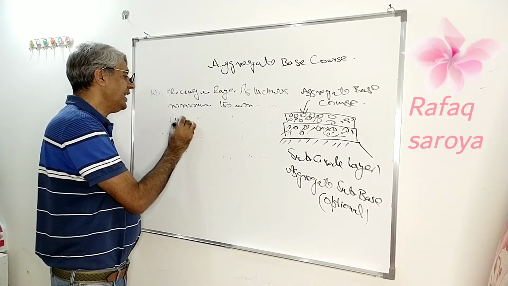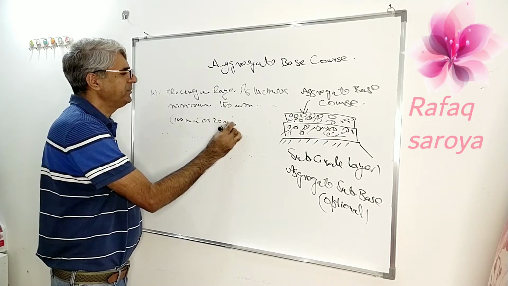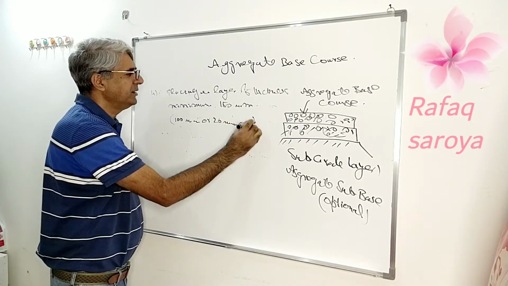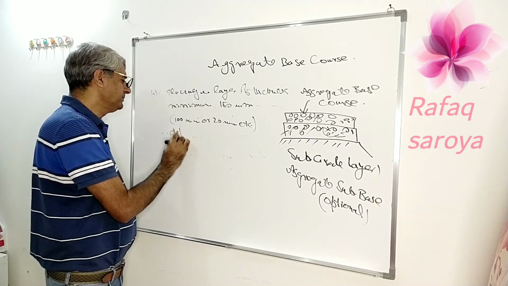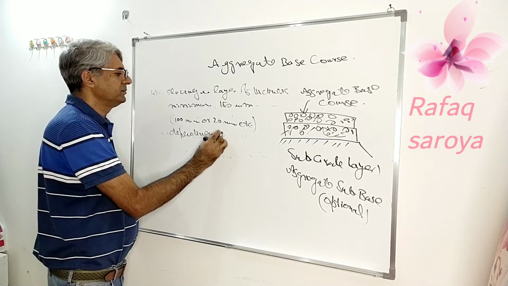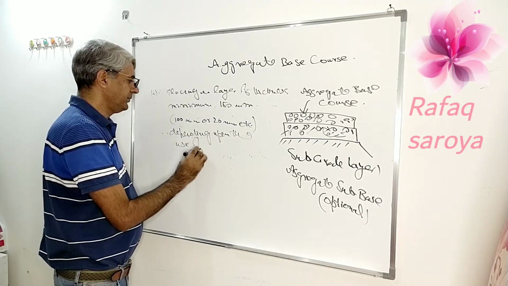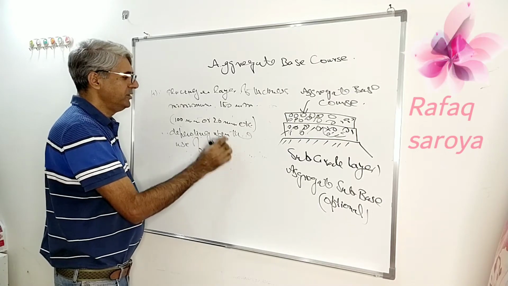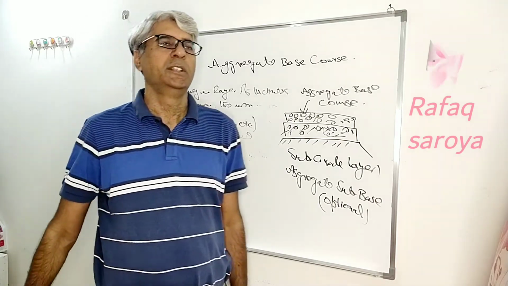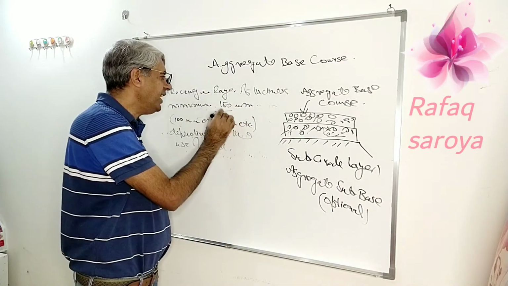Its thickness can be 100 mm, or it can be 200 mm, etc., depending upon the use of the road. So keep this thing in mind. That's why it's not a hard and fast rule that you will stick in your mind 150 mm.